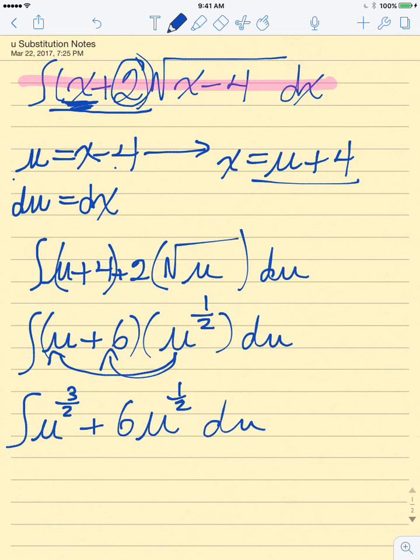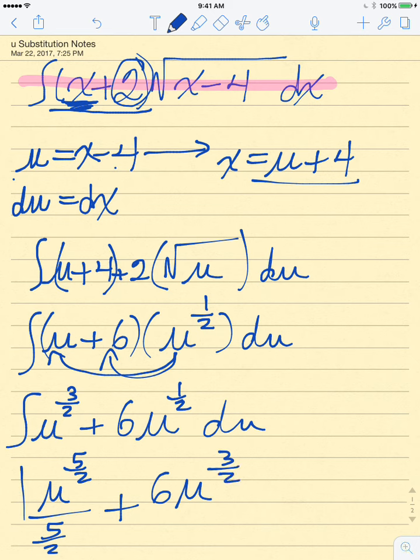Okay, now we can find the antiderivative. We can use the power rule, and that's going to be u to the 5/2 over 5/2 plus 6u to the 3/2 over 3/2. All right, so let's clean this up and re-enter what we used for u. We can get rid of u because we're done and insert the x minus 4.